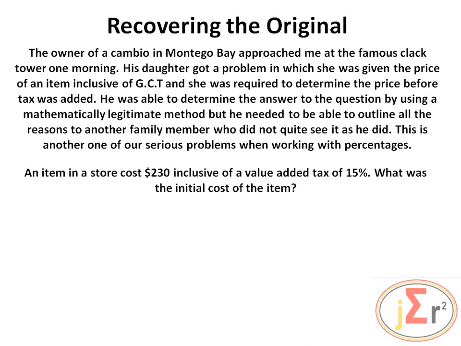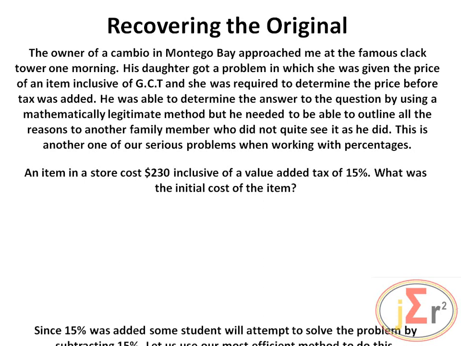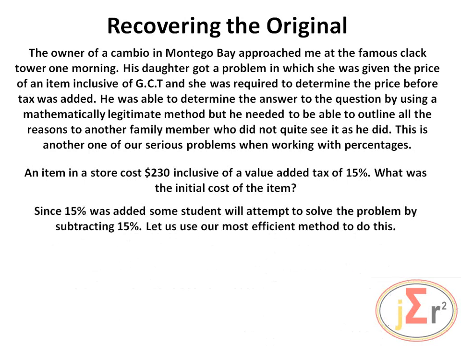And the tax is inside of that $230. What is the original? Let's see. 15% tax. What some of us do: since 15% was added, some student will attempt to solve the problem by subtracting 15%. So what they do, find 15% of 230 and take that away from 230. So let's do that. Find 15% of 230, then subtract that from 230.